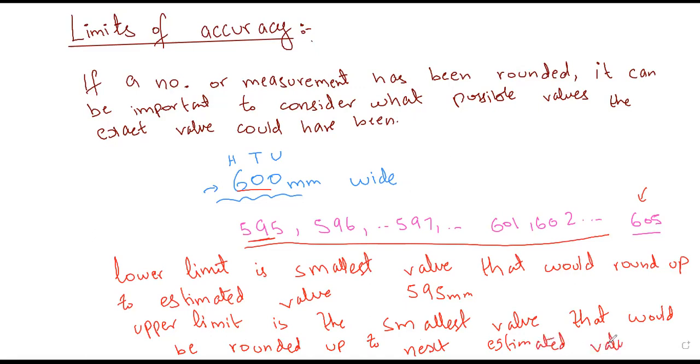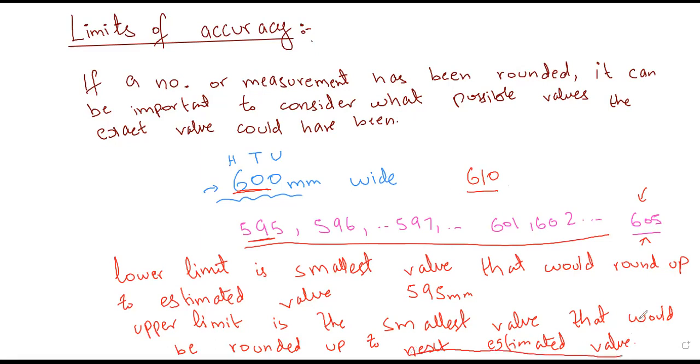Now, what do we mean by this? If 600 is the estimated value, what would be the next estimated value? 610, right? So if we have 605, we will get 610. 605 is the smallest value that would be rounded to get the next estimated value.